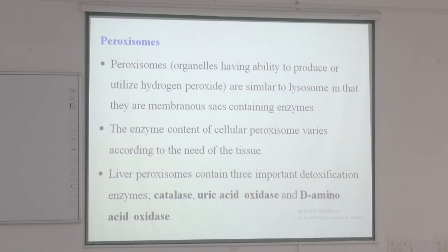If somebody asks what is the function of peroxisome, it is mainly helpful for the detoxification process. Why is it important? Because it contains all the antioxidant enzymes. And what is the function of antioxidants? They reduce the activity of free radicals like reactive oxygen species and reactive nitrogen species.